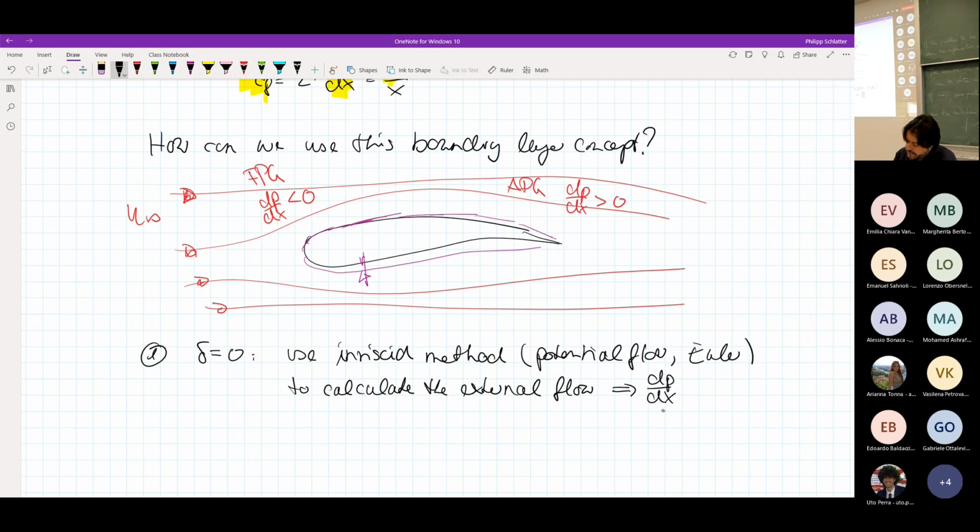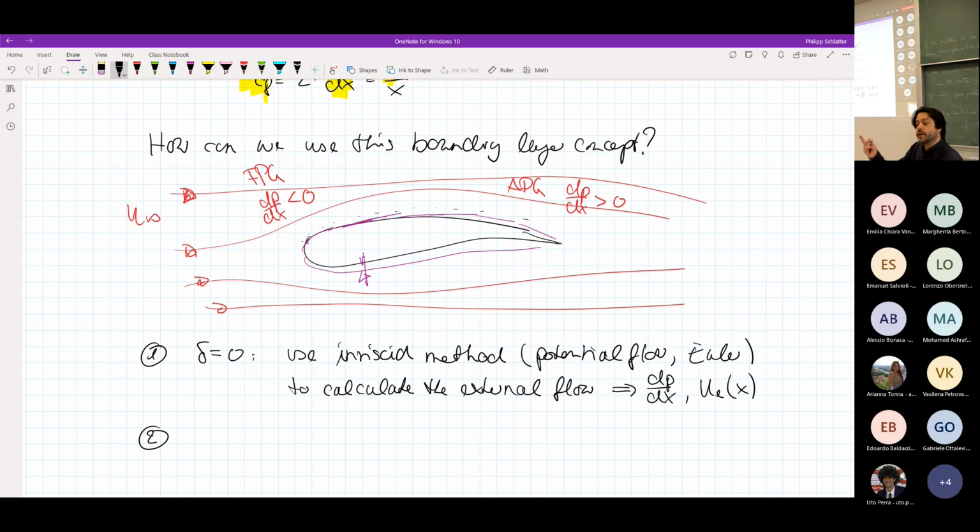So using an inviscid method, you would get dP/dx, and with this you can then also calculate the free stream velocity, Ue(x), so how fast the flow is. But now you actually know the boundary conditions locally for calculating the actual boundary layer that would develop under this pressure distribution.